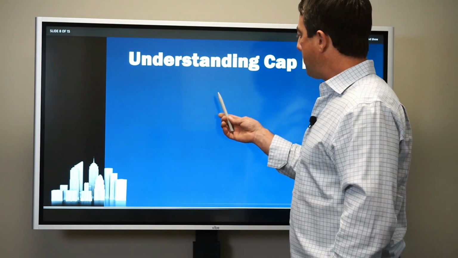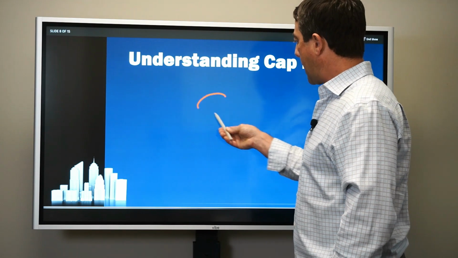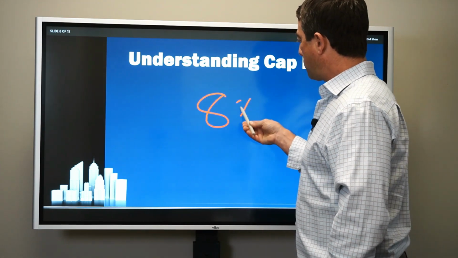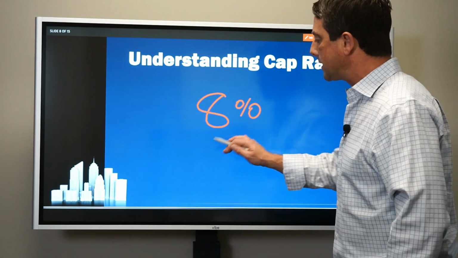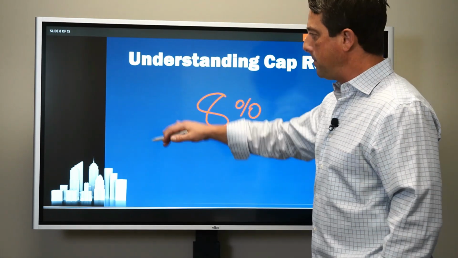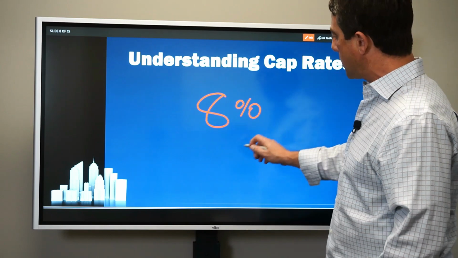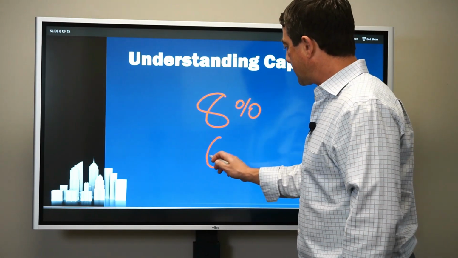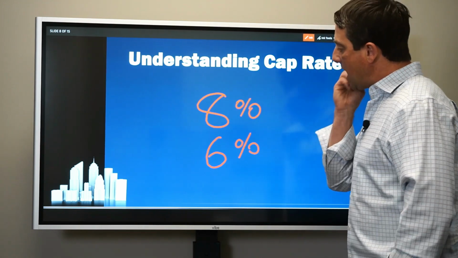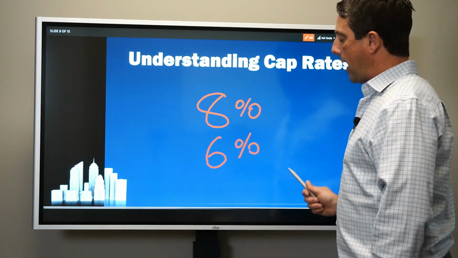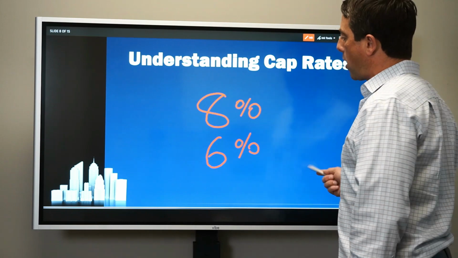So let me say that let's do a quick test. If I'm buying something at an 8 cap, and these are always presented in percent, by the way, and everyone else in the market, per that same NOI formula, is paying a 6 cap rate. Let's just say I'm buying it at an 8, and everybody else is paying 6 for similar properties.